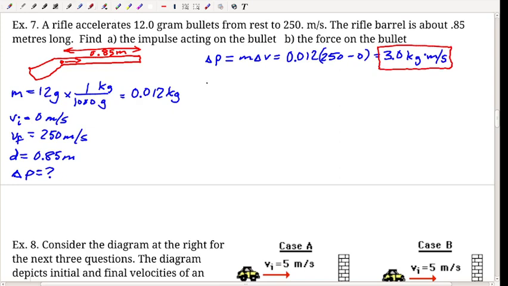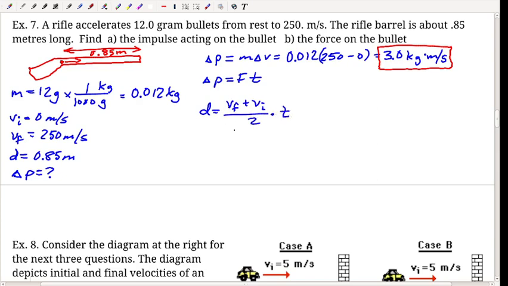If I want to find the force, I know that impulse is force times time, but I don't have the time given in this scenario. So that must mean I can find the time using another method. And in this case, the method I'm going to need to find time is going to be kinematics. So pull out your kinematics equations, and I find one that says displacement or distance equals V final plus V initial over 2 times time, something like that.